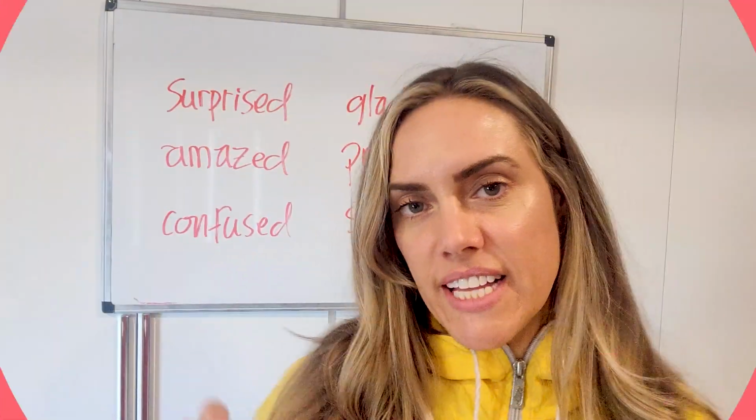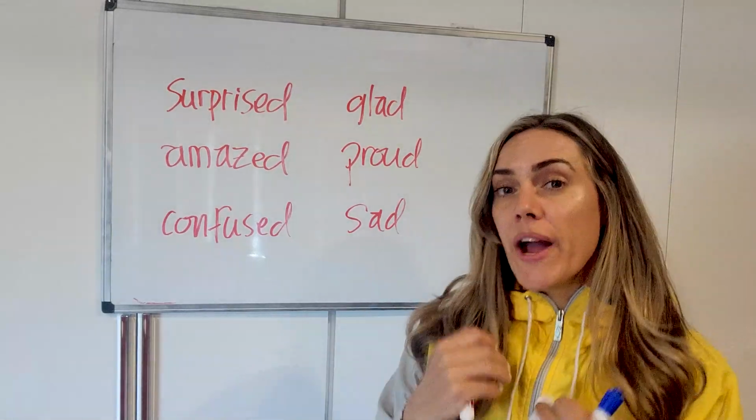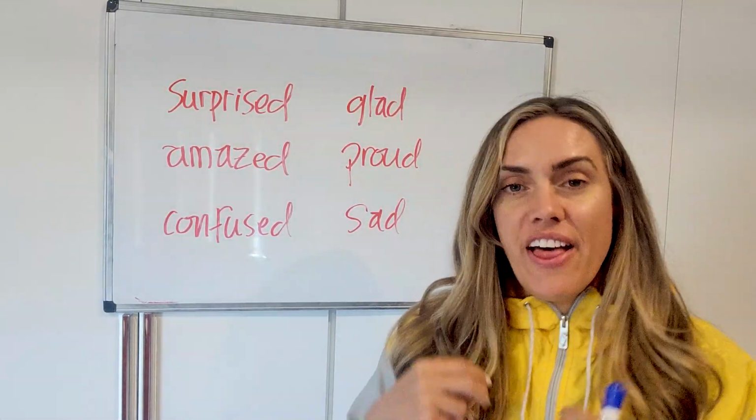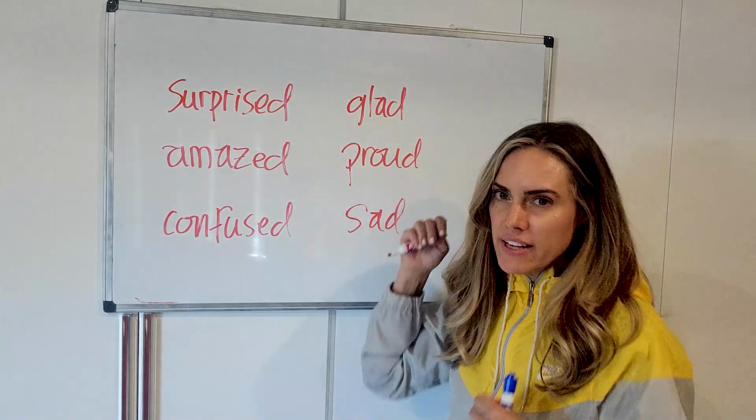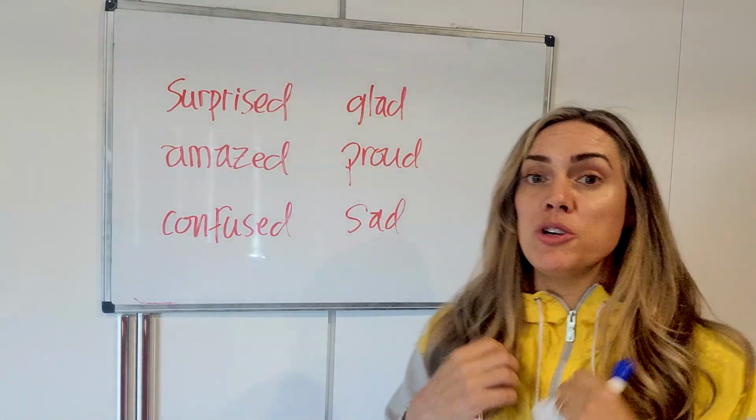We also use the "that" noun clauses after adjectives that describe people. This is very common. Okay, let's take a look at these adjectives. Notice all of these adjectives describe a person's state, their feelings. Surprised, amazed, confused. All these words describe how a person feels, okay?